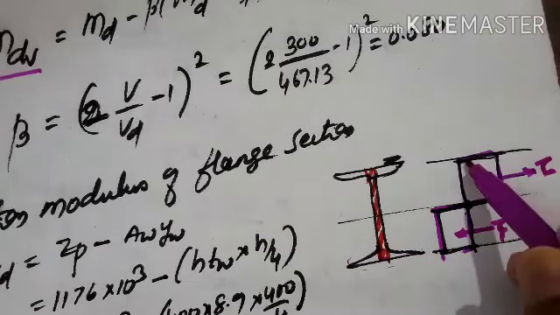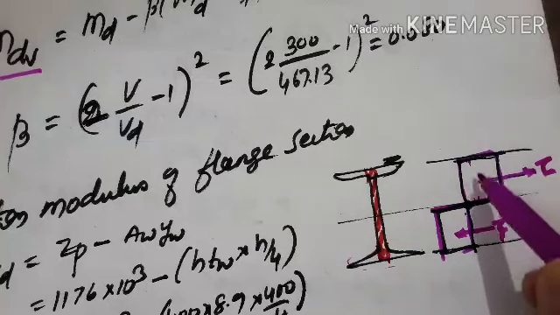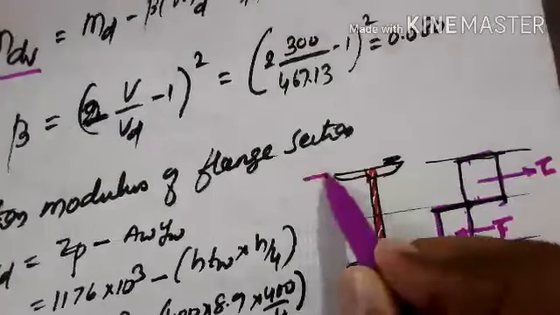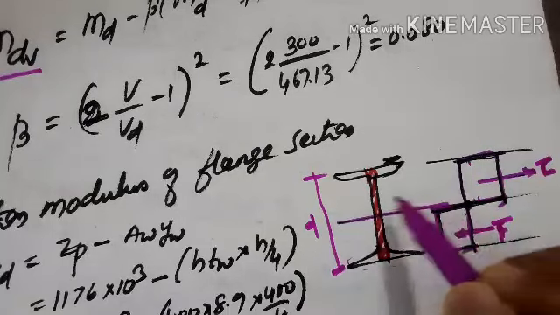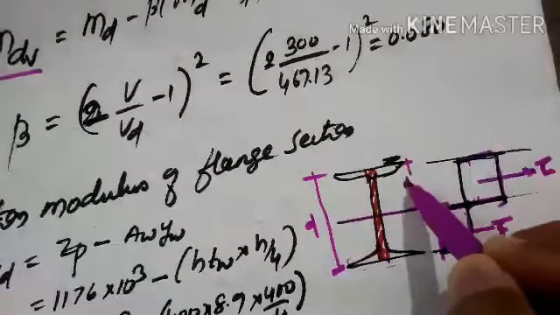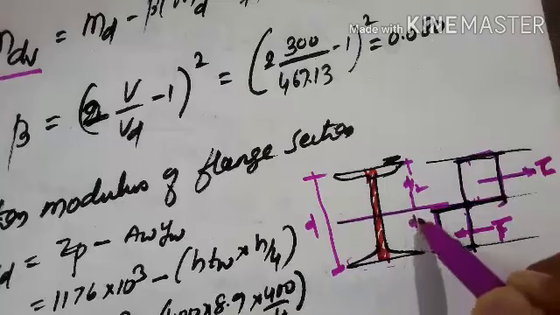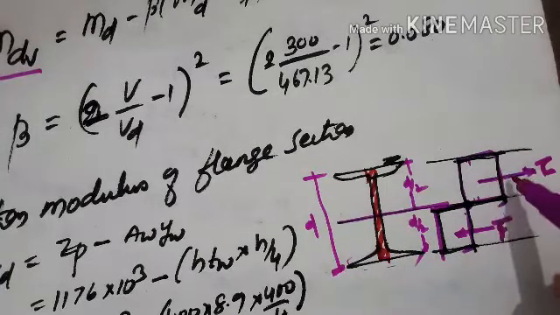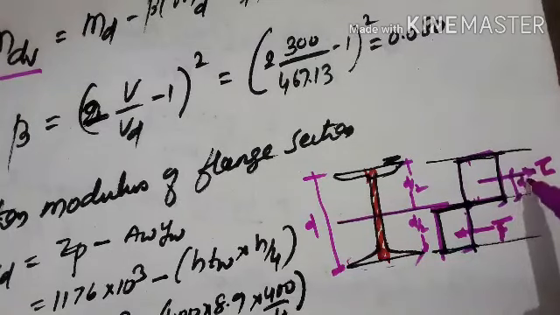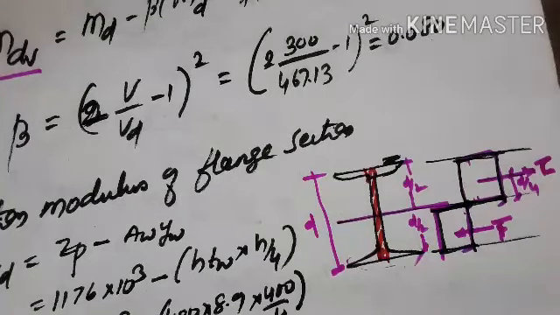Then it will be acting at the centroid of this one. So if I take this entire depth as D, then at the centroid this is D by 2 and this is also D by 2. But this compressive stress will be acting at a distance of D by 4. Okay.